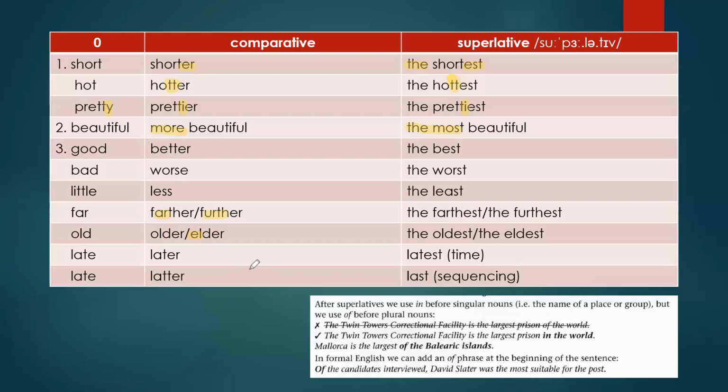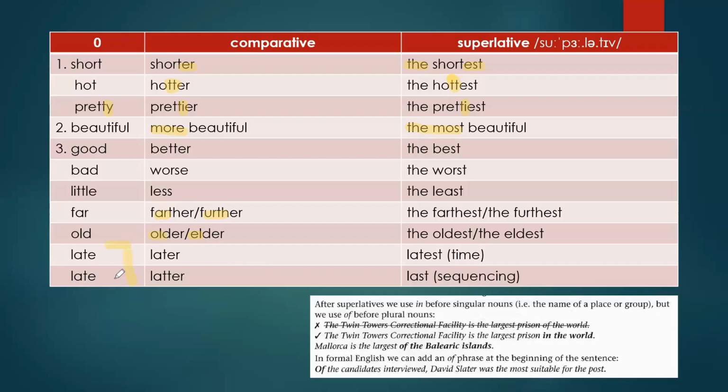But we cannot use elder immediately after a verb. For example, my sister is elder than me is a mistake. So my elder sister is okay. And we don't use the elder and the elders to talk about the age of things. So only about people. That is about older and elder.